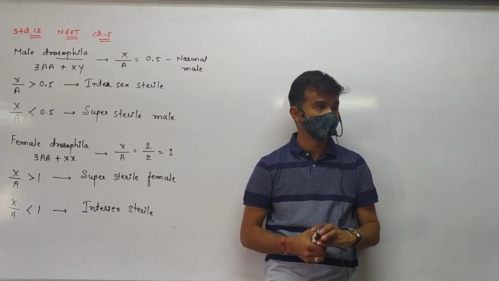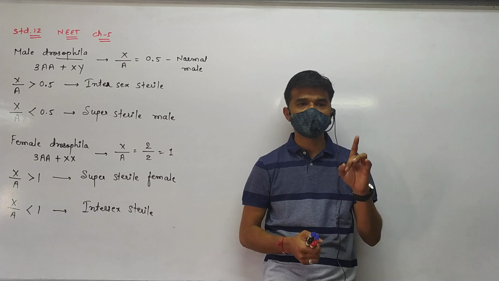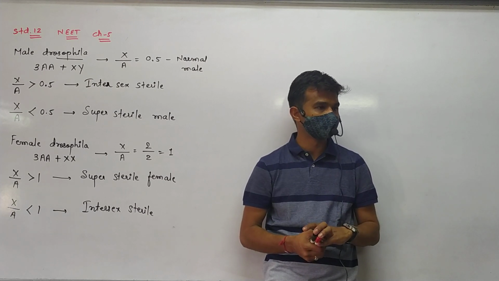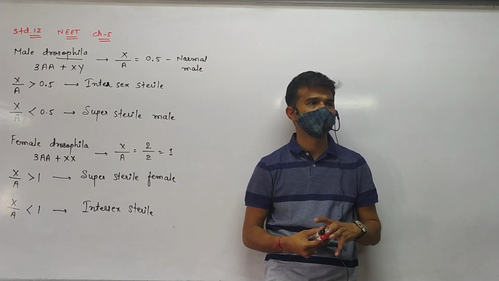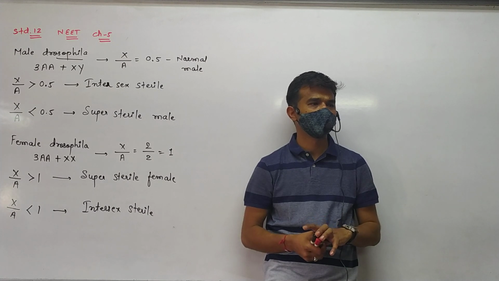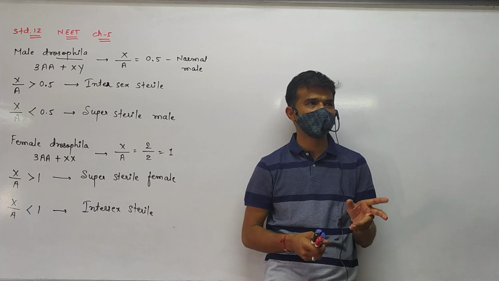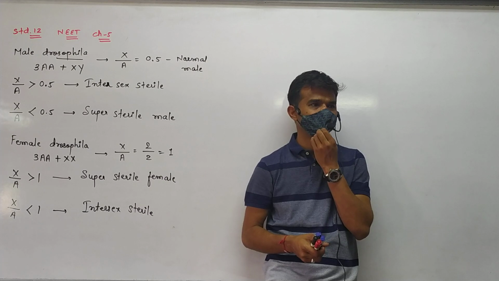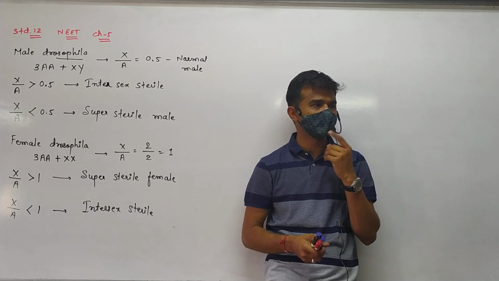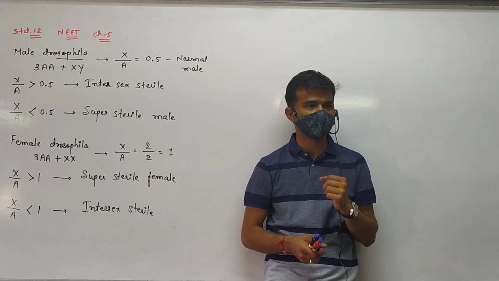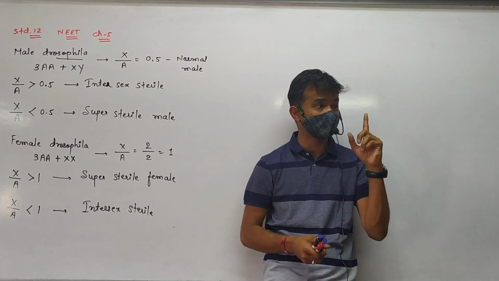Understand this? An A plus double X type of ovum is fertilized with an A plus Y type of sperm.